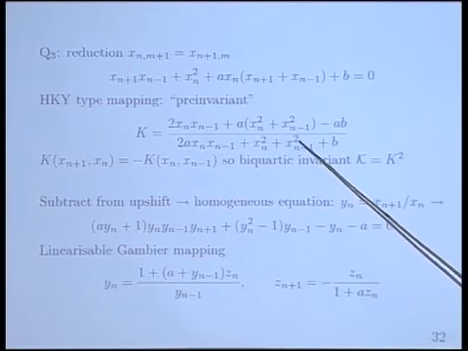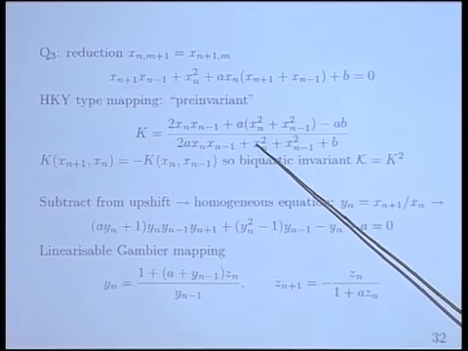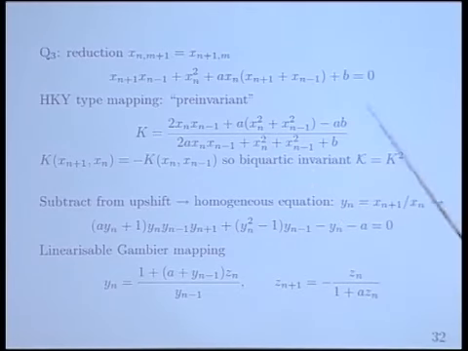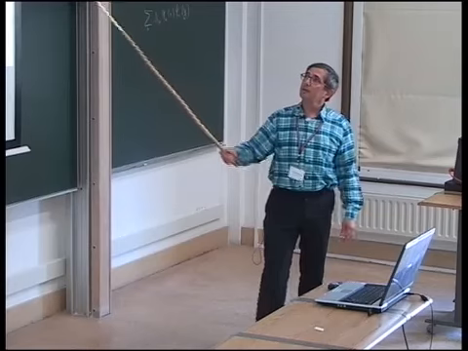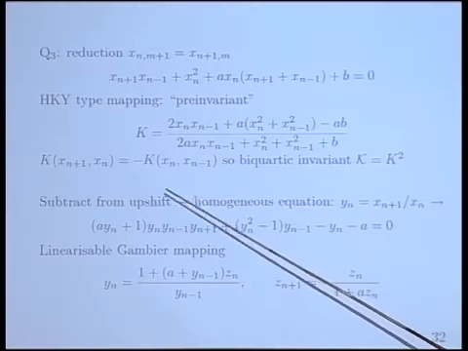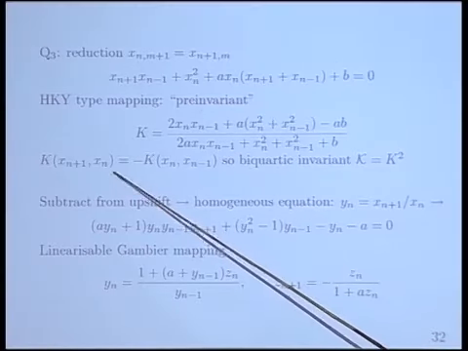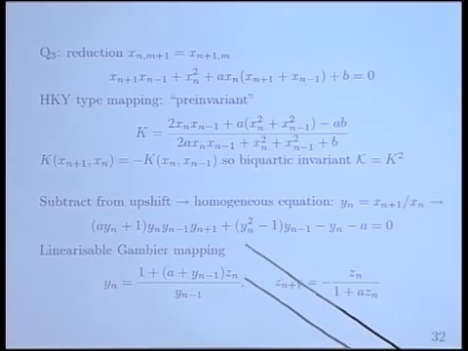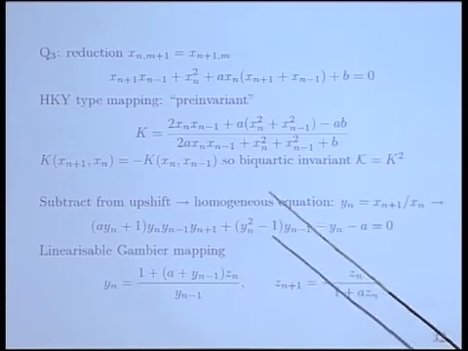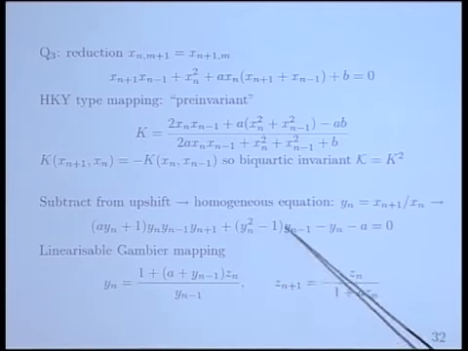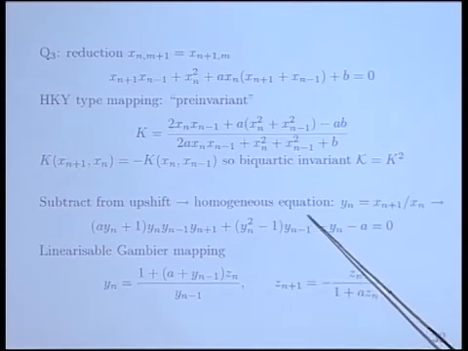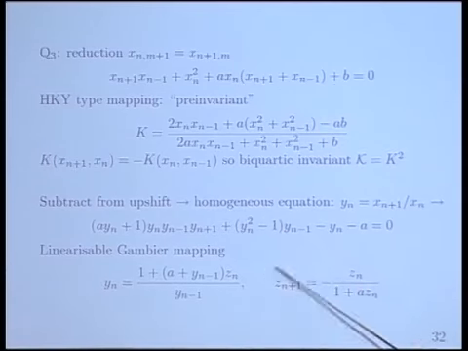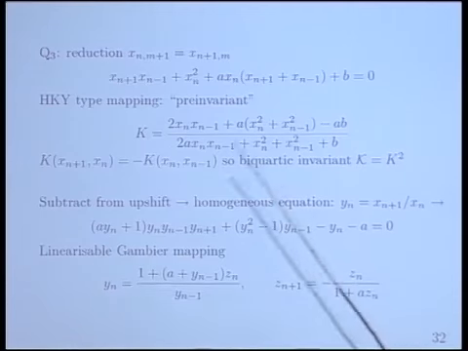So if the QRT mapping obtained by keeping k constant is linearizable, then we assumed that the original mapping, the one where k is changed to minus k, would also be linearizable. It's not a proof, but it was logical to look for it, and we found it was. So again, this mapping here can be linearized through a Gambier map.